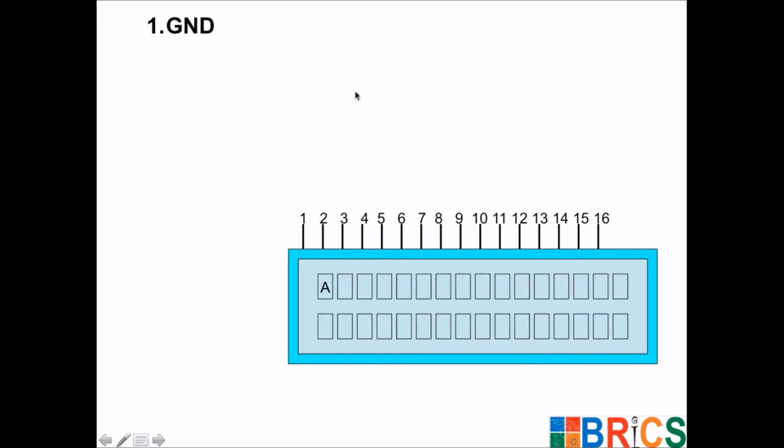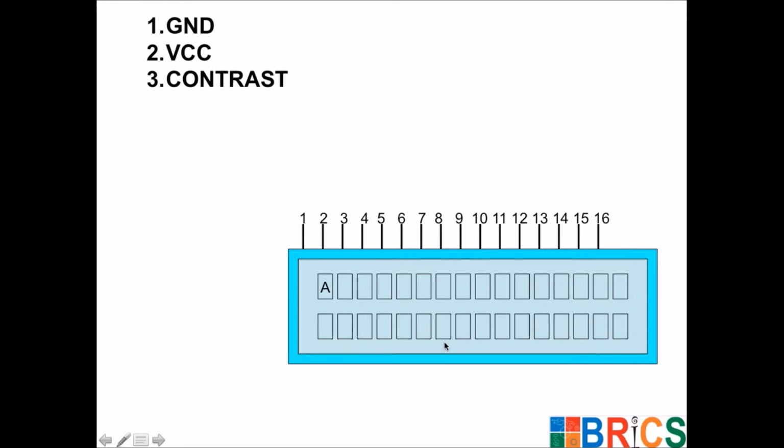Next pin is pin number 2 and it's VCC, which needs to be connected to the positive terminal of the power supply. Next pin is pin number 3 and it's called contrast. This pin actually controls the contrast of the display. When this pin is connected to the ground or 0 volt, the contrast of this display will be at maximum.